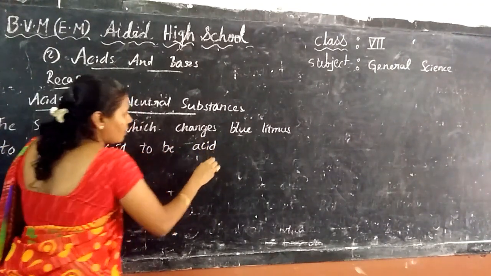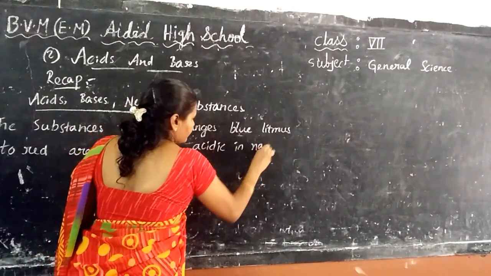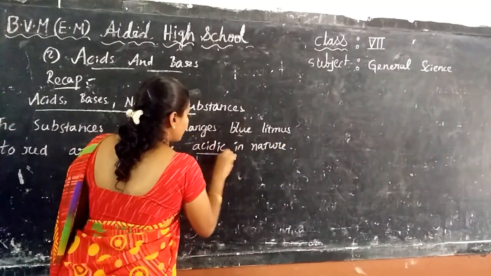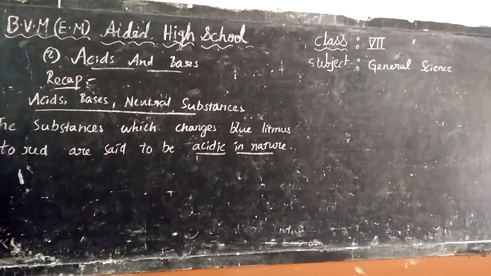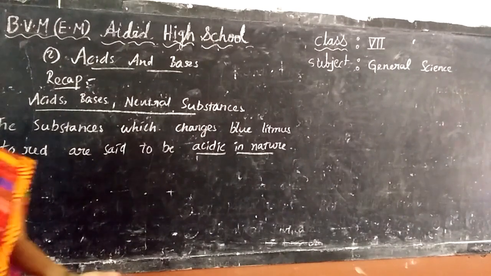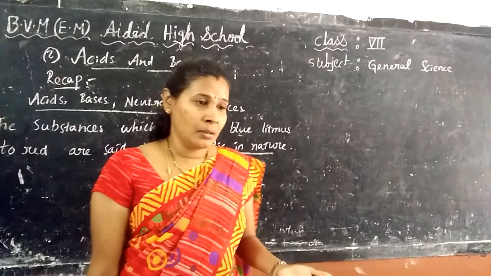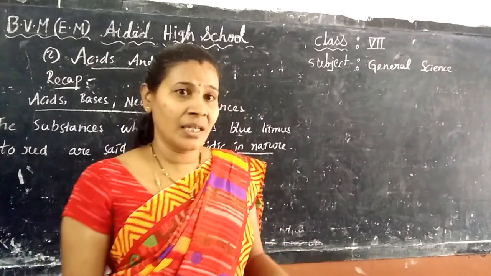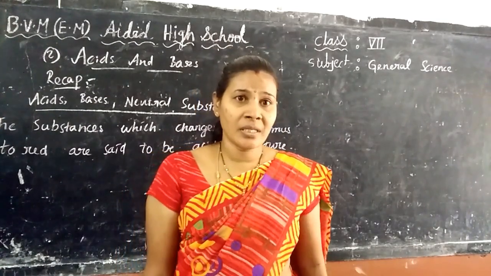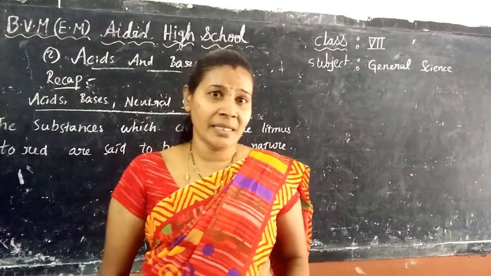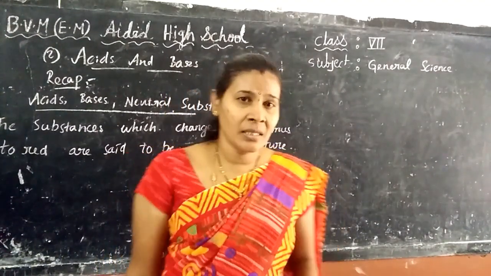That means those are acid substances. And next example, formic acid, already we have discussed. And next citric acid. These occur naturally, and chemically we have also discussed hydrochloric acid, sulfuric acid, nitric acid. These are the chemical acids.